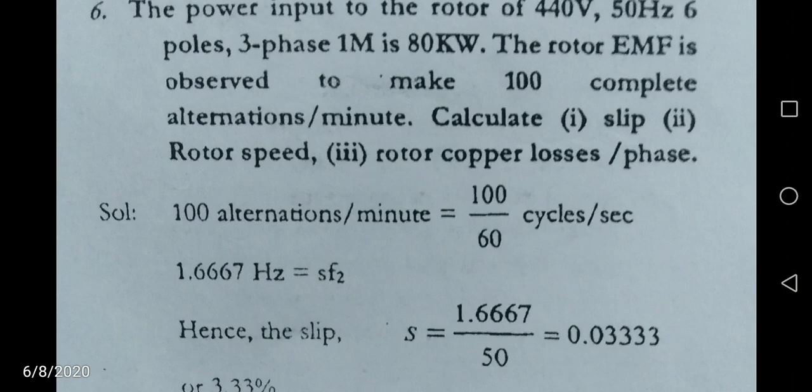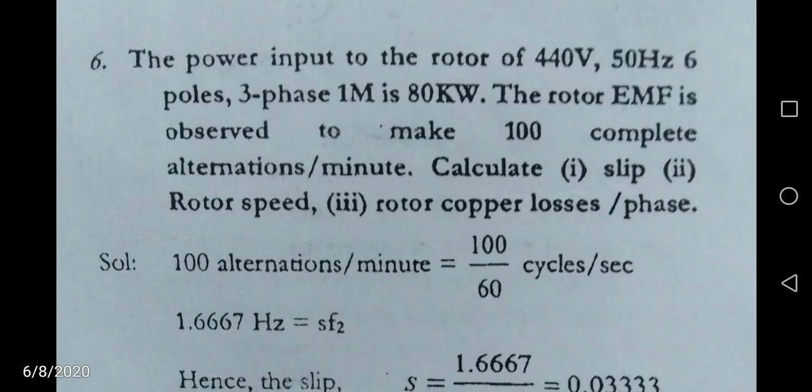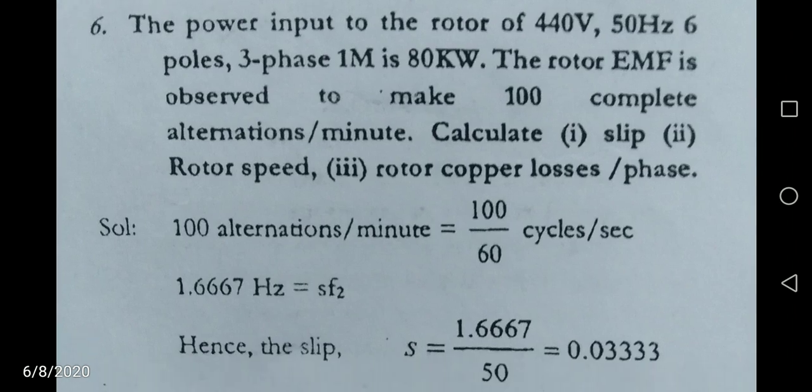So when the slip value is 0.03, next we want the rotor speed. NR equals NS into 1 minus S. NS is 1000 because of 6 poles.